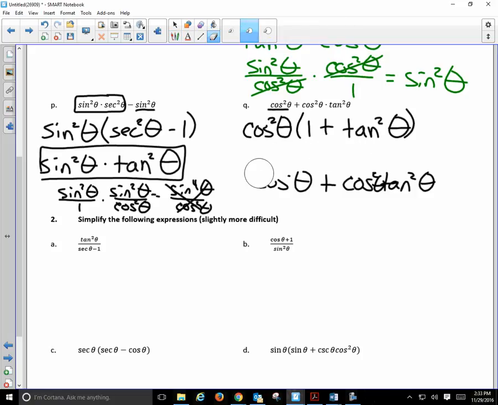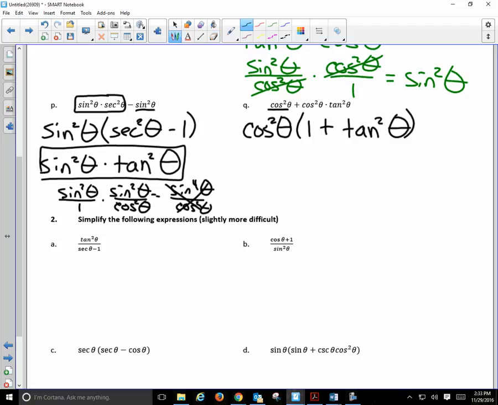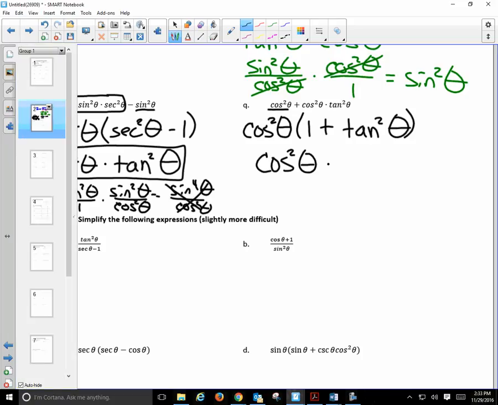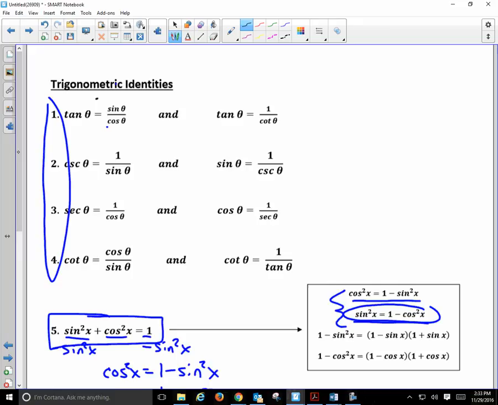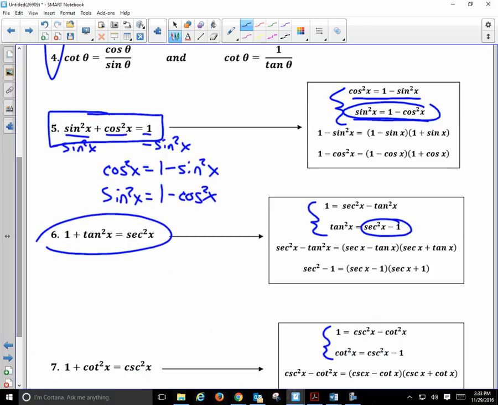Is that better? What is 1 plus tangent squared? I think that's on the sheet somewhere, isn't it? I think it's number 6. Yeah, sometimes you get so used to looking over to the right-hand side that you forget to look at these exact identities. So 1 plus tangent squared is secant squared.